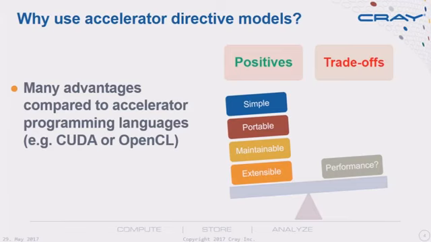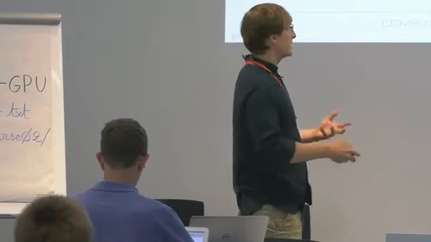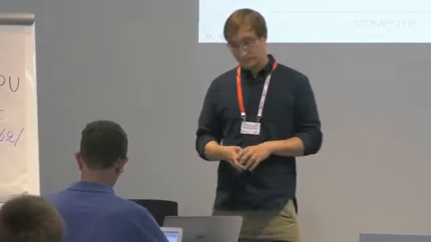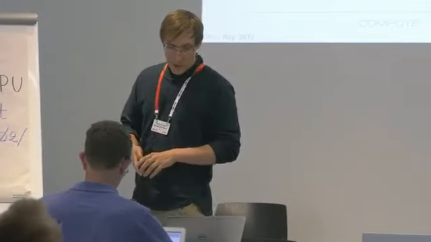Since they are easy to program, they are also easy to maintain, since compared to low-level models like CUDA and OpenCL you have fewer statements, so you can more easily adapt and also tune them.